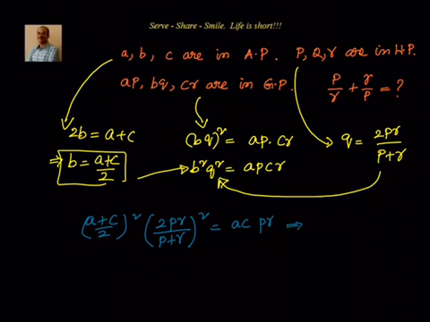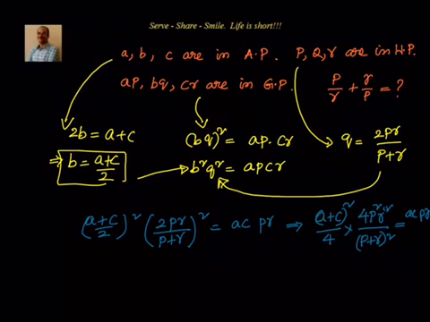Now let's simplify that. We will have A plus C whole square divided by 4 into 4 P square R square divided by P plus R whole square is equal to AC into PR.